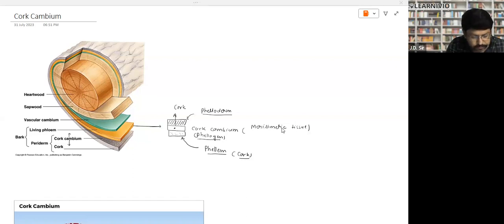formation of cork cambium or phellogen takes place in dicot stem.